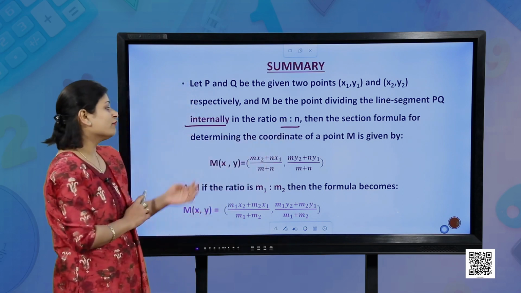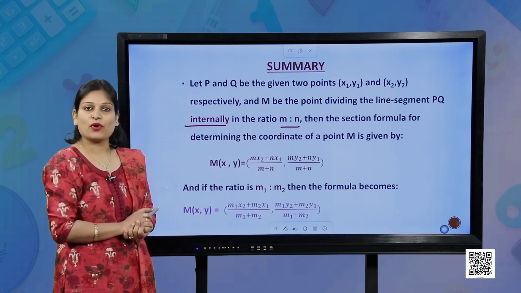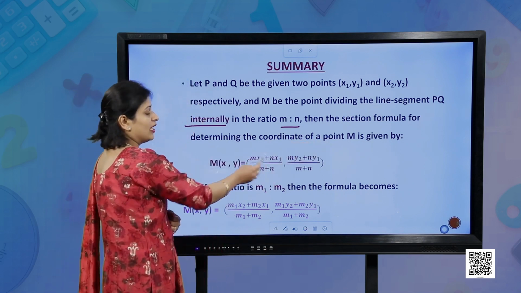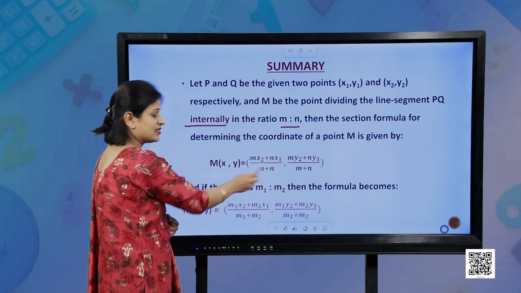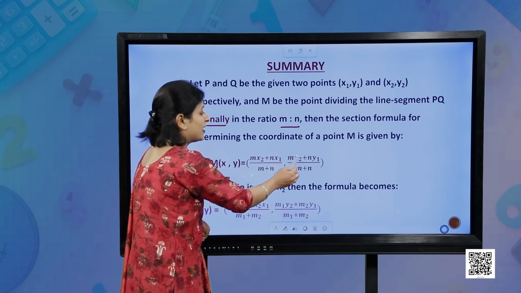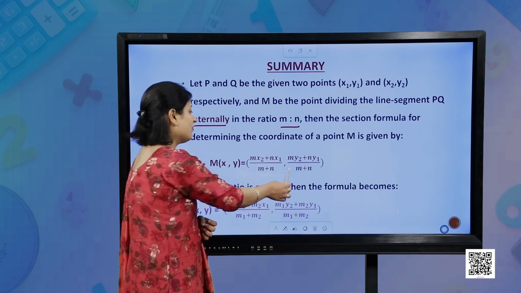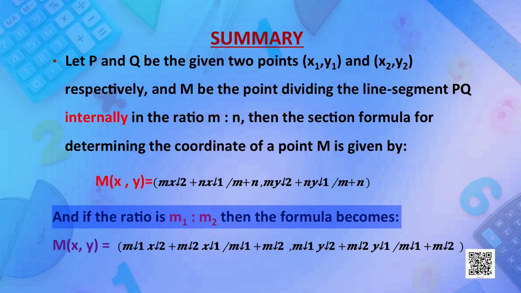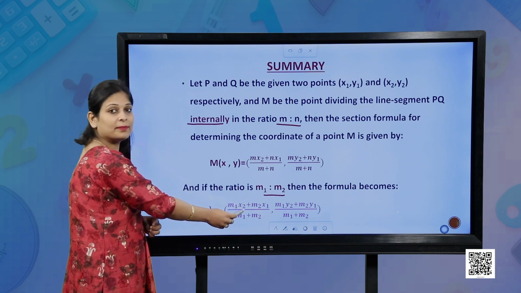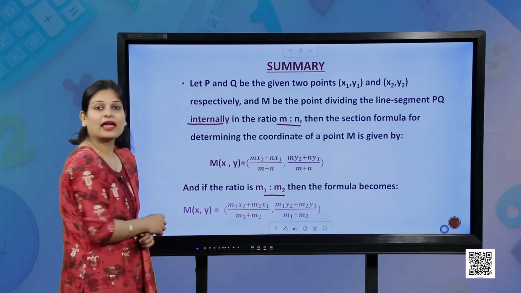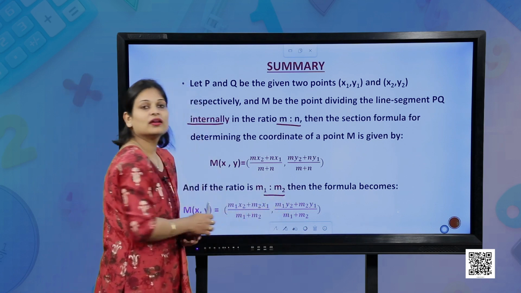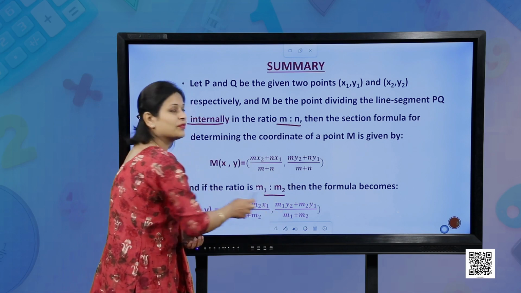Then the section formula for determining the coordinates of the point M is given by (mx2 plus nx1) divided by (m plus n) and (my2 plus ny1) divided by (m plus n). And if the ratio is m1 is to m2, then the formula becomes (m1x2 plus m2x1) divided by (m1 plus m2) and (m1y2 plus m2y1) divided by (m1 plus m2).